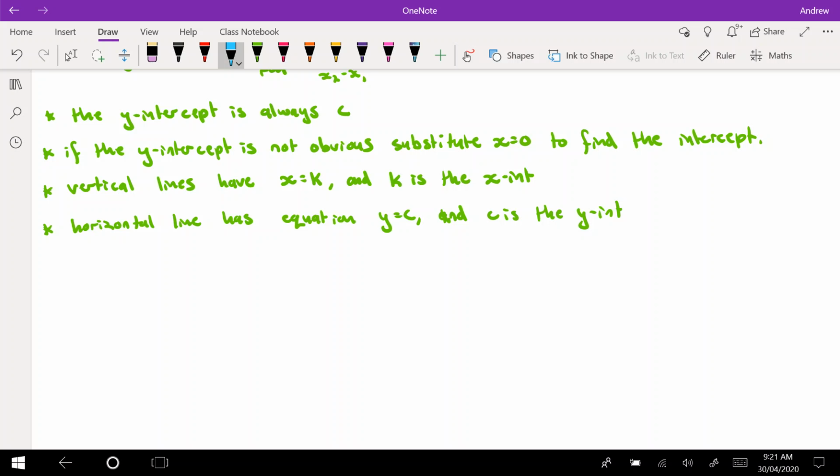Yep, cool. So, for my first one, it's just going to be for the straight line, which I'll draw in a sec. For the straight line, determine, and the first thing I want to find is the gradient.